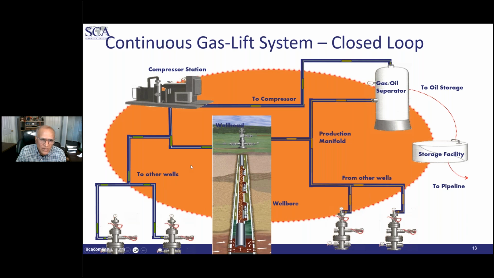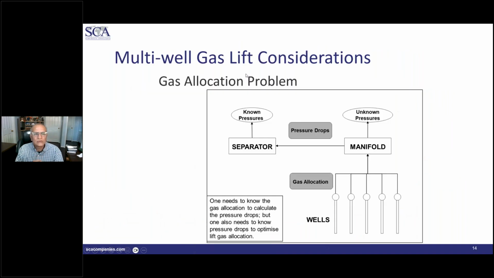So when you are in operations, typically in the design phase you look at the individual well, but in the operations phase you also have to look at multiple-well gas lift considerations. And as I have been mentioning, gas allocation can be a significant challenge because you have to keep in mind the pressure drops between wells, between manifold and separator, whereas the manifold pressure can impact the wellhead pressures.